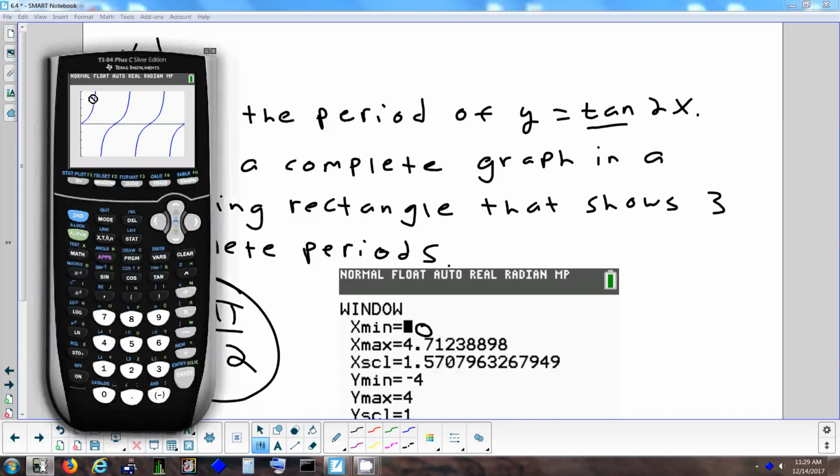If I bump everything 90 degrees one way or the other, then it would work. How would you do that? You could take the x window and shift everything to the right by pi over 2. So just take that number and add pi over 2, and the calculator will figure it out. Add pi over 2 to that number.